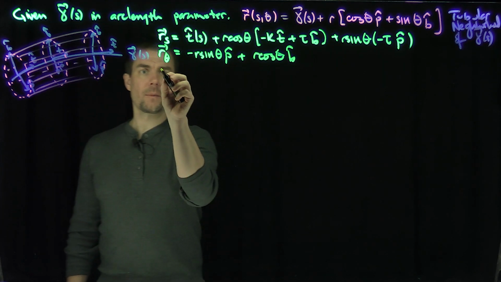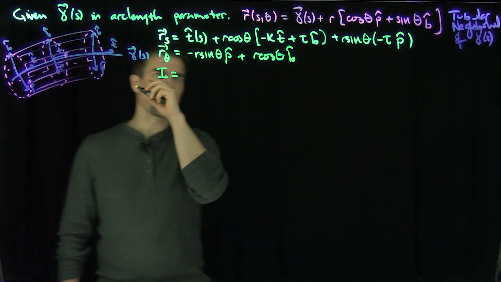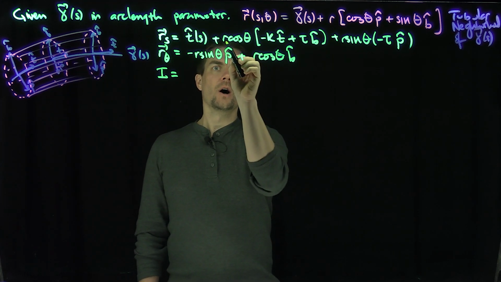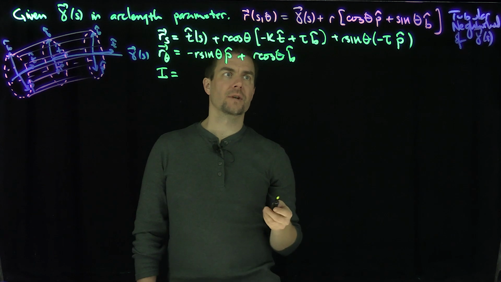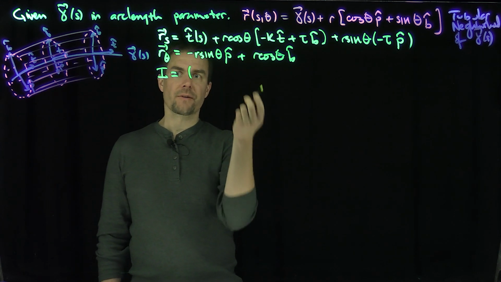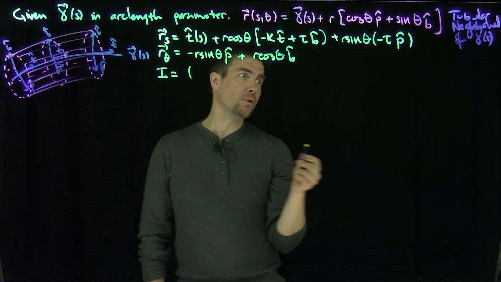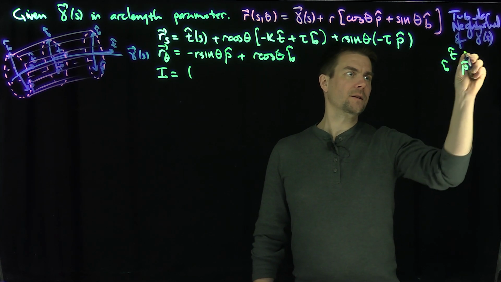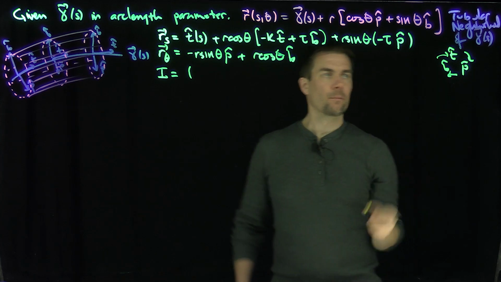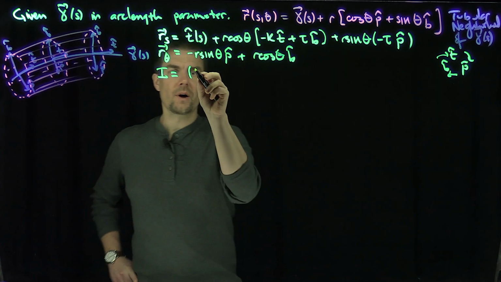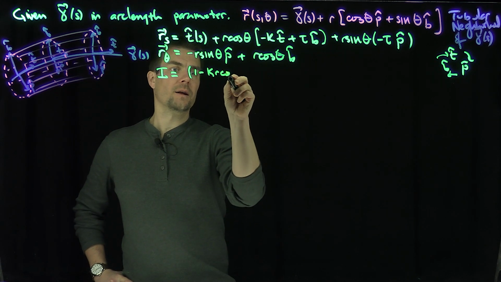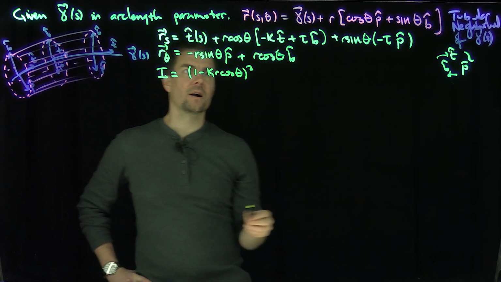My first fundamental form of this surface is going to be r_s dot r_s. So let's see, the coefficient of t is 1 minus r kappa cosine theta, so that's going to be squared. I'm using the fact that t, p, and b are mutually orthogonal to each other, right? That's how they cross. And I know that they're mutually perpendicular, so I'm just going to have a 1 minus kappa r cosine theta quantity squared.